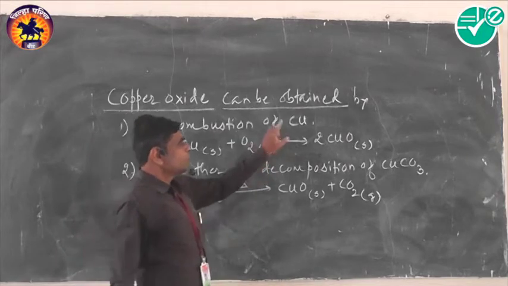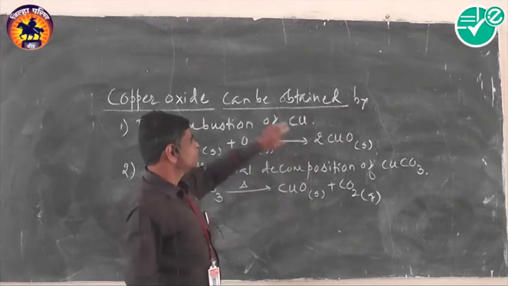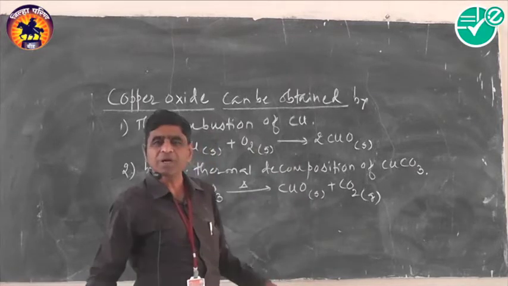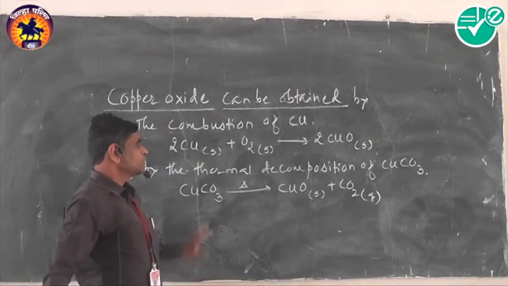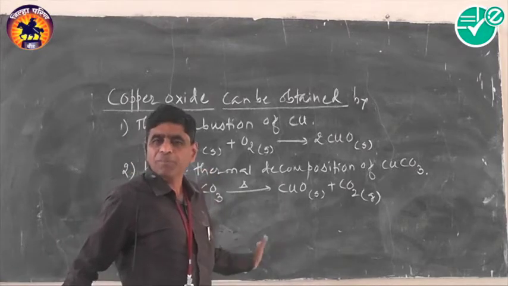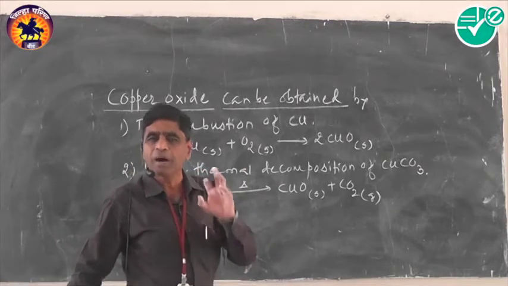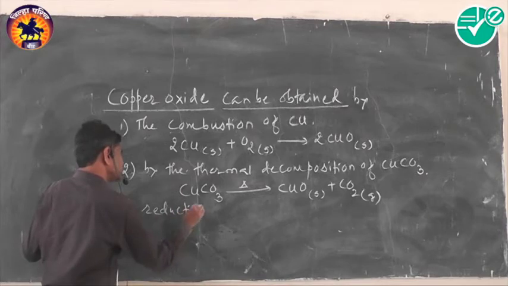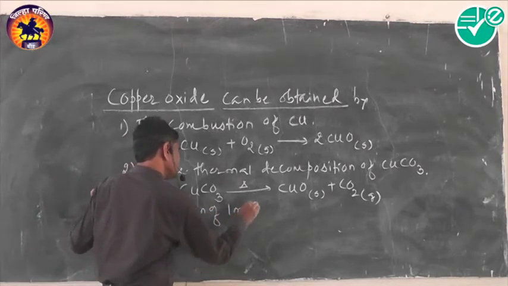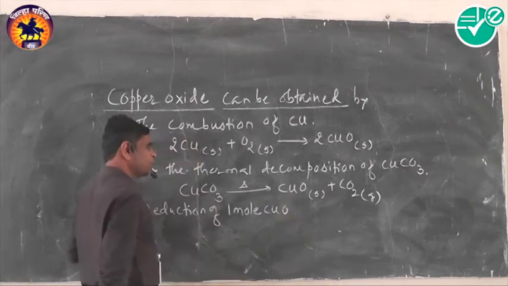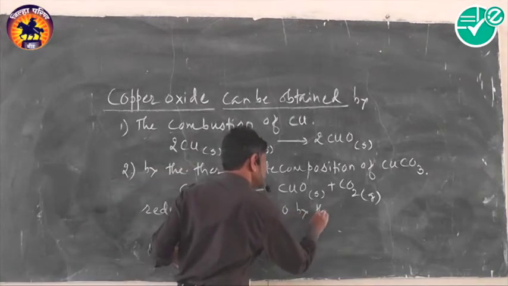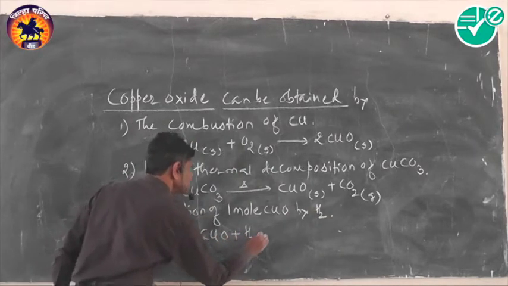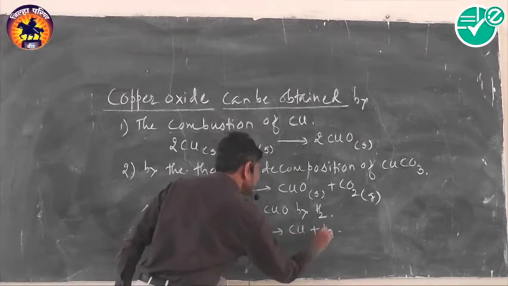Now, if we obtain 1 mole copper oxide prepared by method 1, and 1 mole copper oxide prepared by method 2, and we reduce copper from this copper oxide with the help of hydrogen, the reduction of 1 mole CuO by hydrogen gives CuO plus H2, it gives Cu plus H2O.